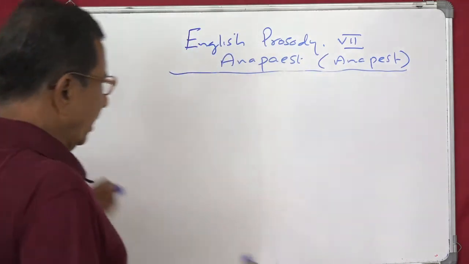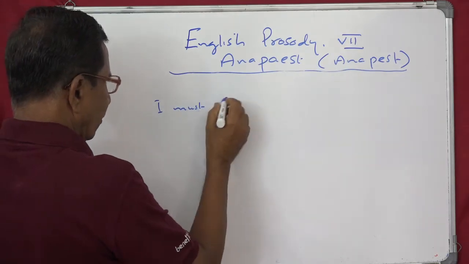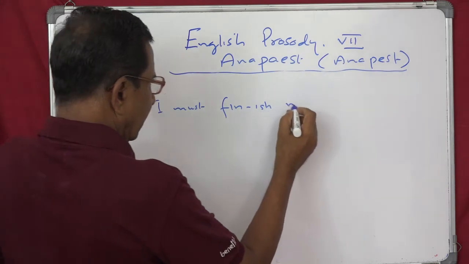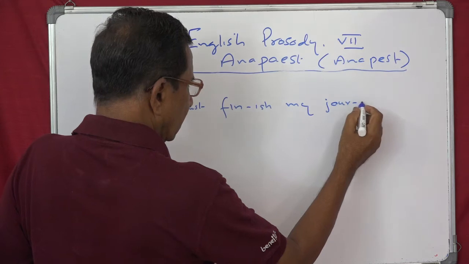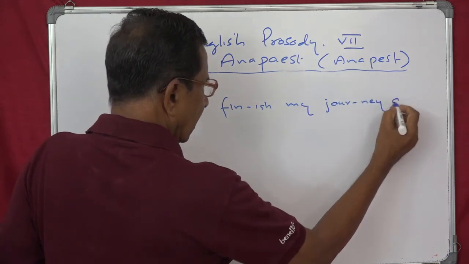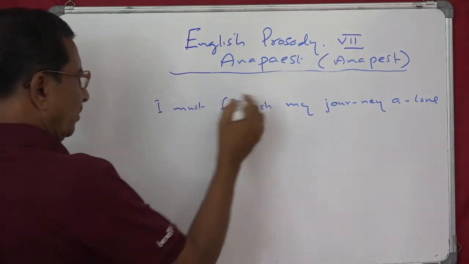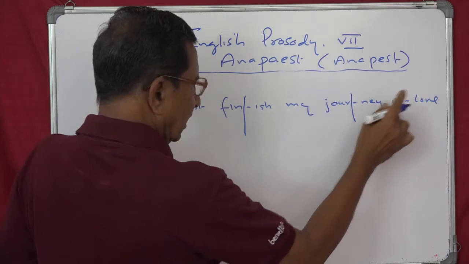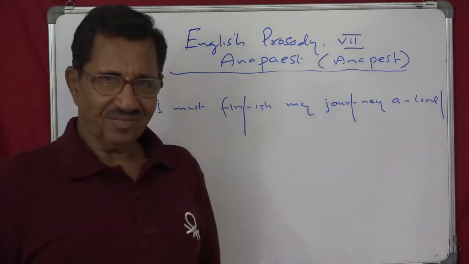Suppose you have a line like this: I must finish my journey alone. So this is a tetrameter.